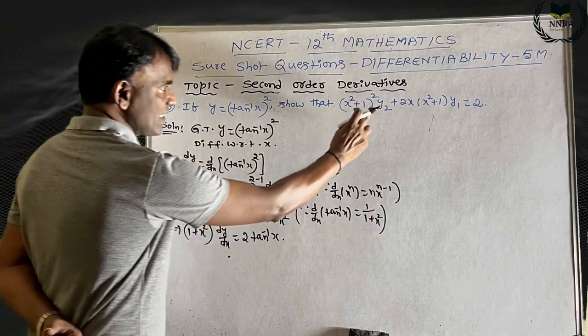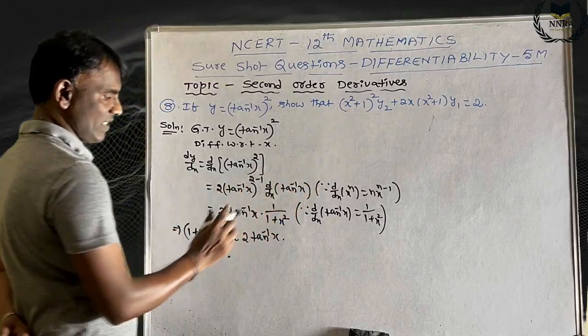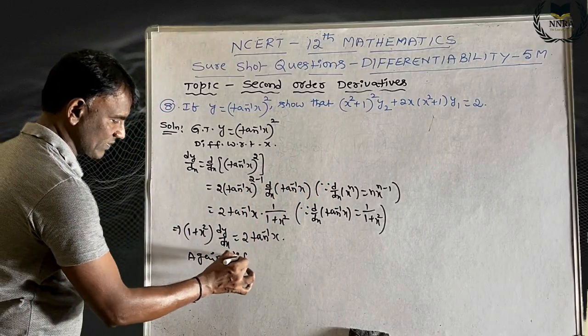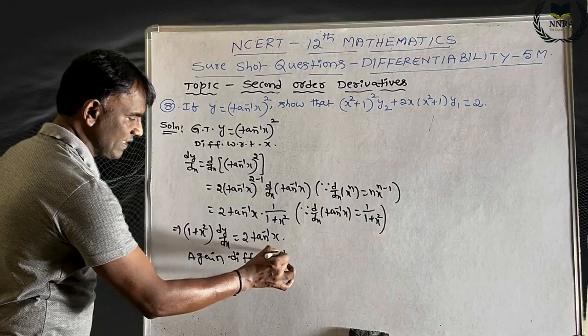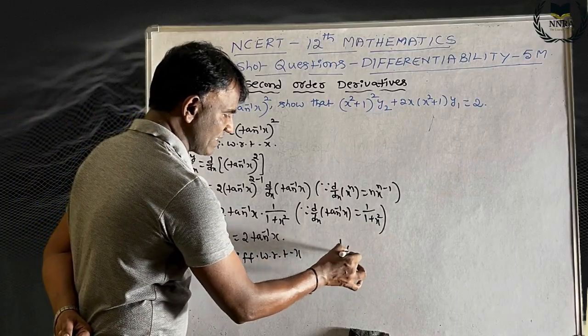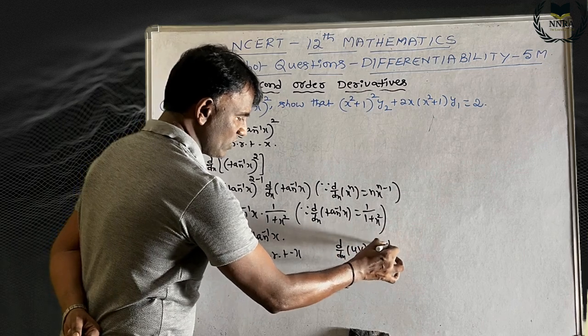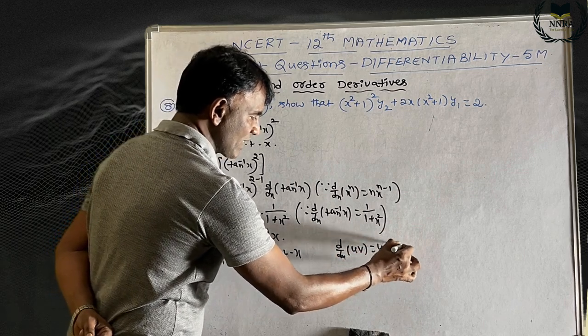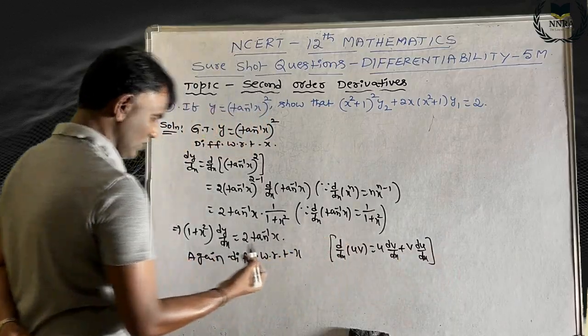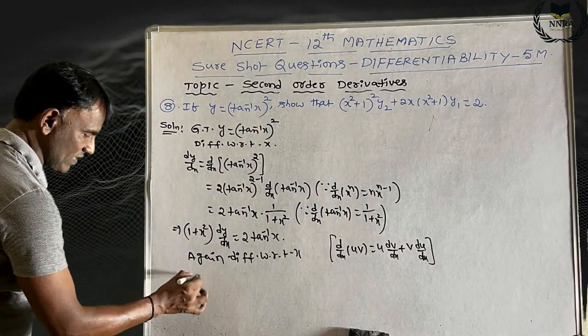But we want the second order derivative, d square y by dx square, right? So again differentiating with respect to x. Now the UV method. What is that formula? d by dx of UV is u dv by dx plus v du by dx. Clear? So u means 1 plus x square.